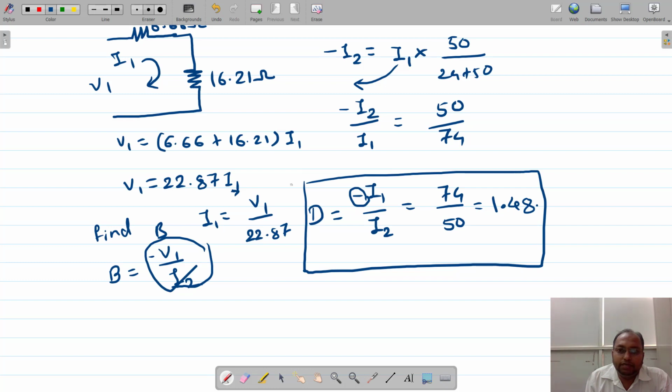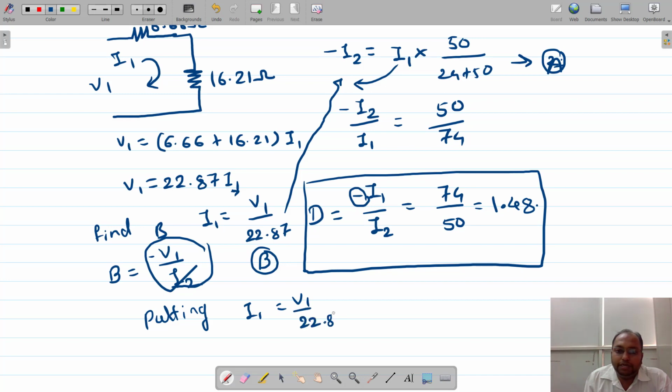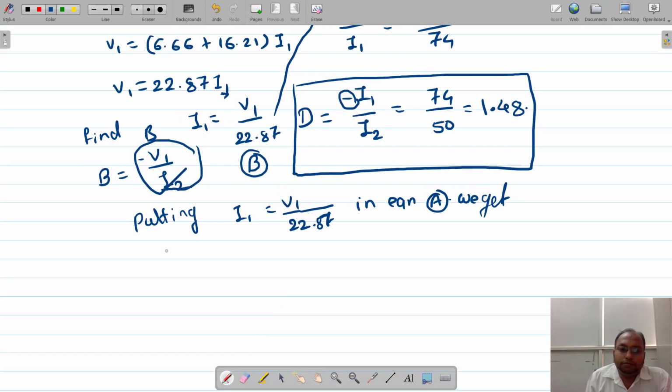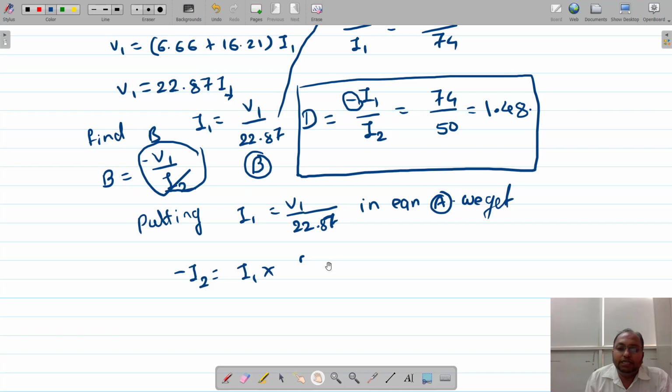V1 divided by 22.87. Let us mark this as equation A, and this as B. Putting I1 equal to V1 divided by 22.87 in equation A, we get minus I2 equal to I1 into 50 divided by 74.